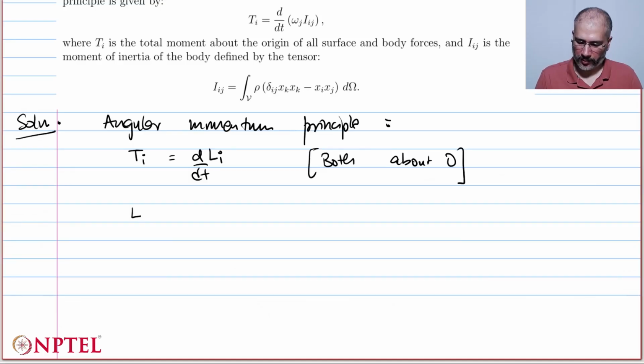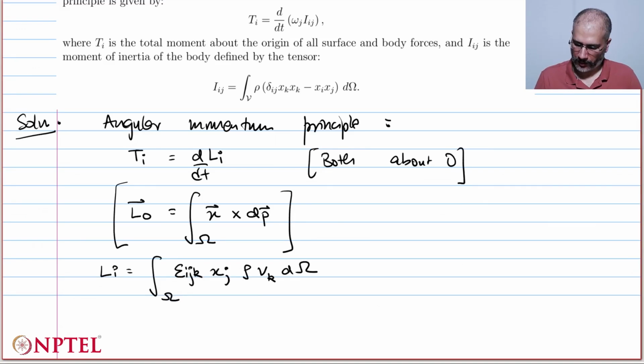The angular momentum vector about the origin is expressed as the cross product of the position vector of the point and the infinitesimal linear momentum, and this we integrate over the complete volume. So in the index notation, we can write L like this. We write this dp as rho times d omega, that's a dm, times the velocity vector.